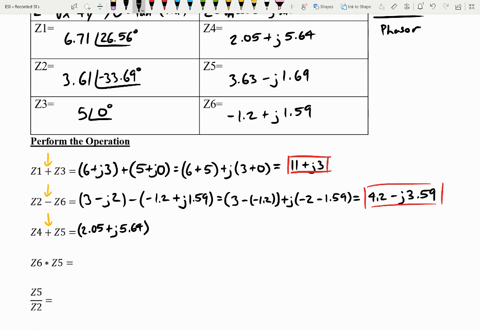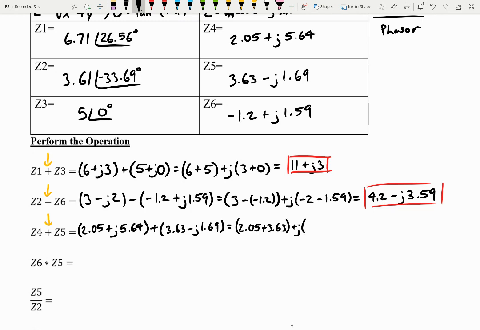Keep everything nice and consistent. Okay. Then z5, we have 3.63 minus j1.69. So we'll add the real parts, 2.05 plus 3.63.